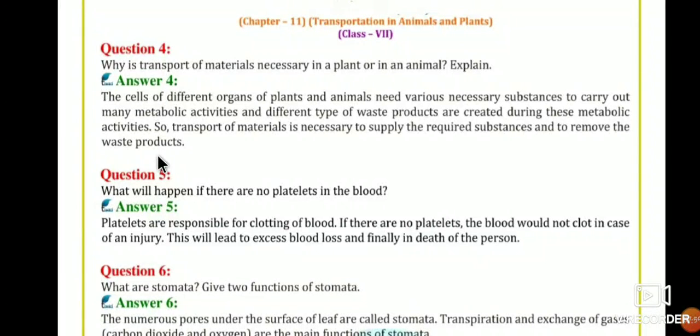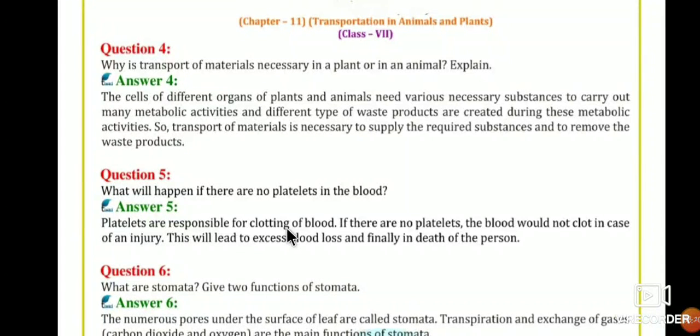Transport of material is very important. What will happen if there are no platelets in the blood? It's a very important question, dear students. They will ask it as a give-reason or 2 marks question. Platelets are responsible for clotting of blood.